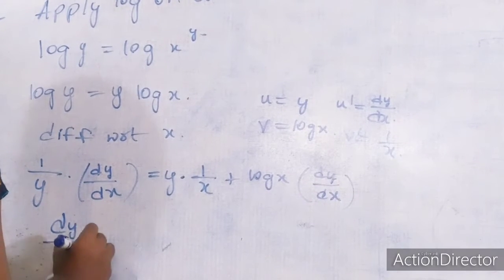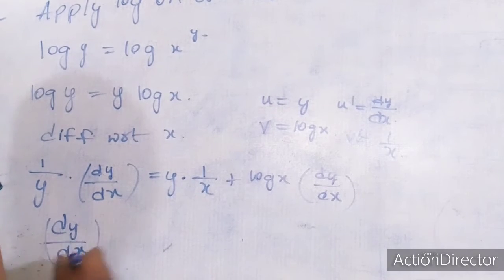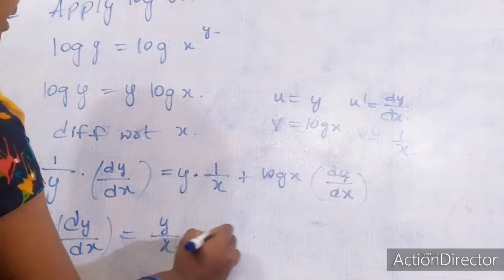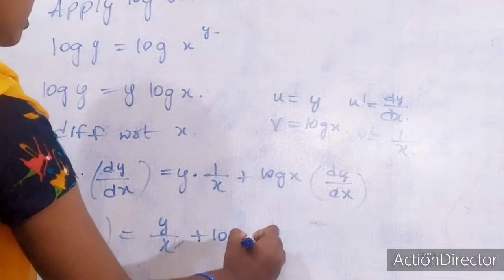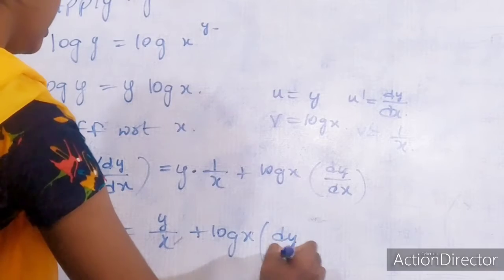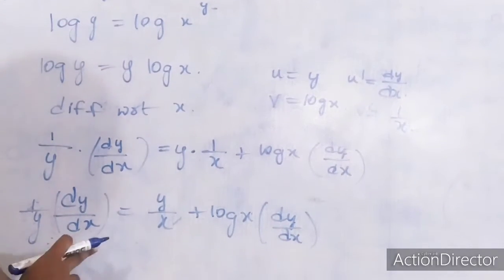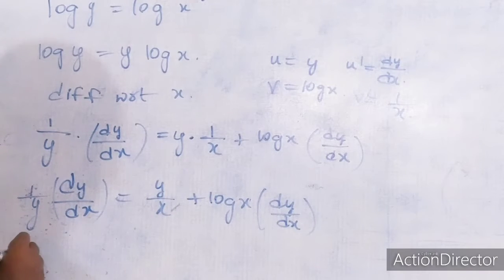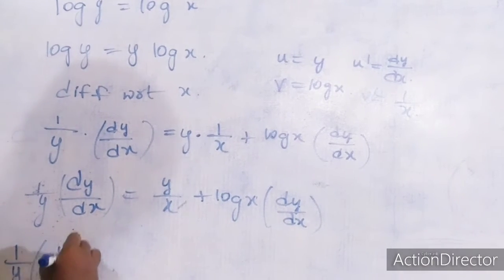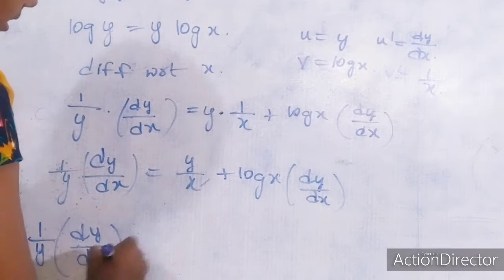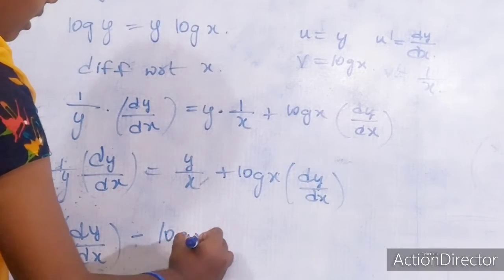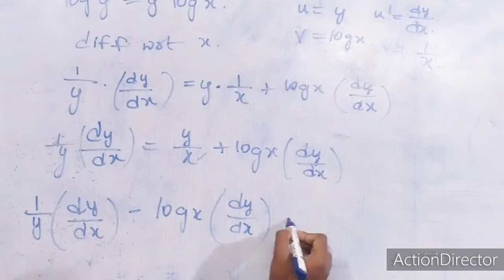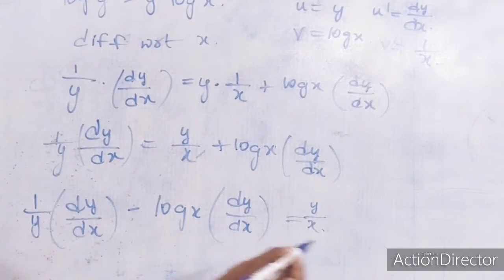1 by y into dy by dx is equal to y by x plus log x into dy by dx. Take dy by dx terms to the LHS, that is 1 by y into dy by dx minus log x into dy by dx is equal to y by x.